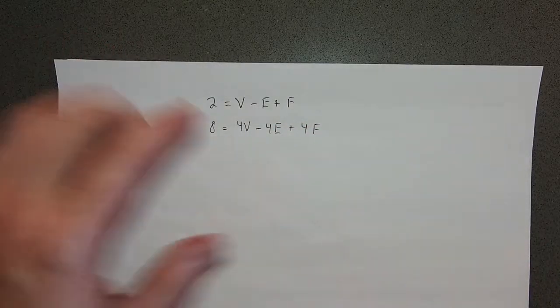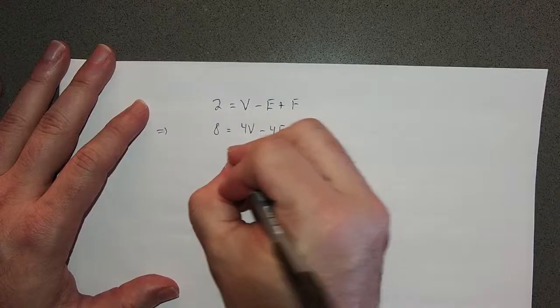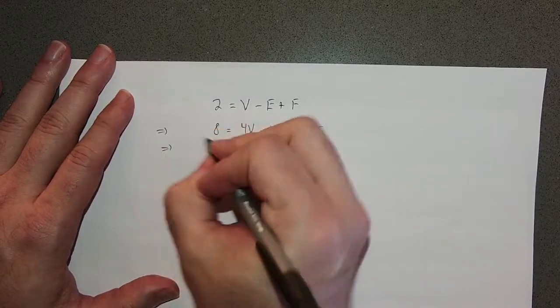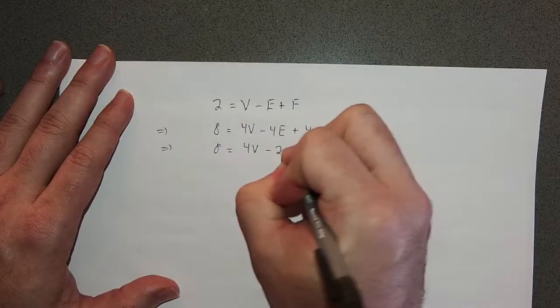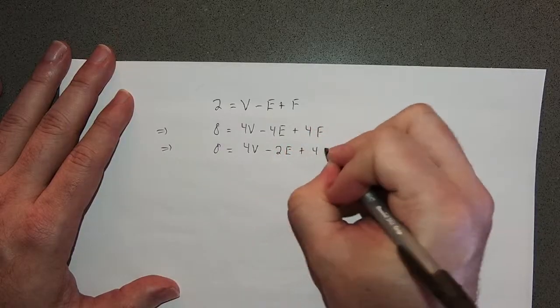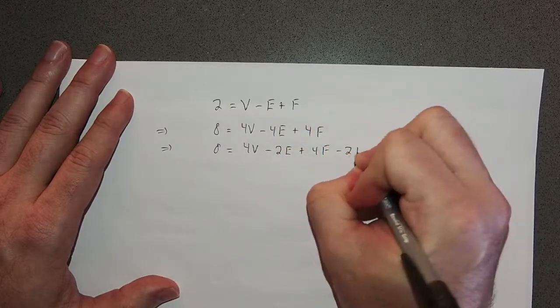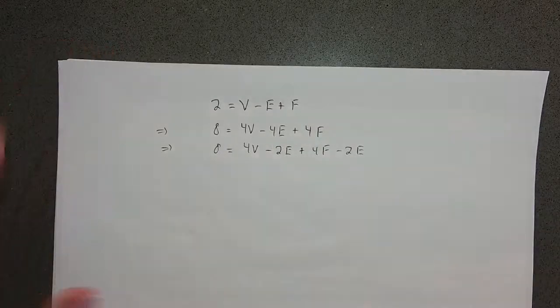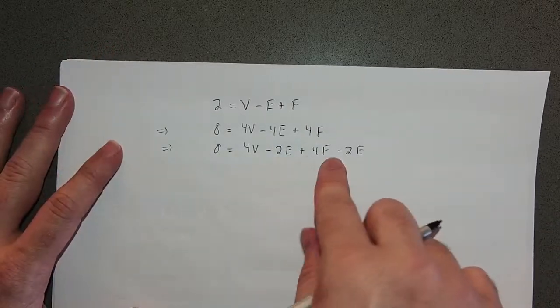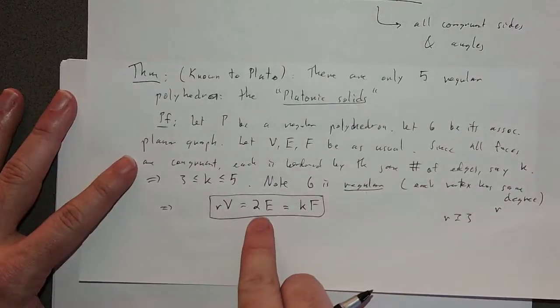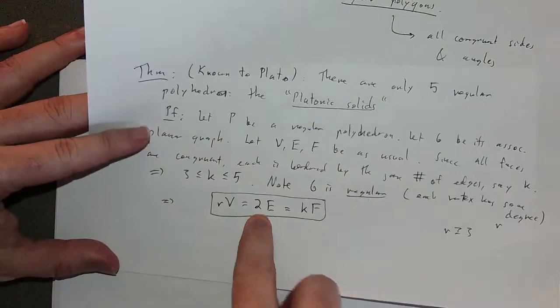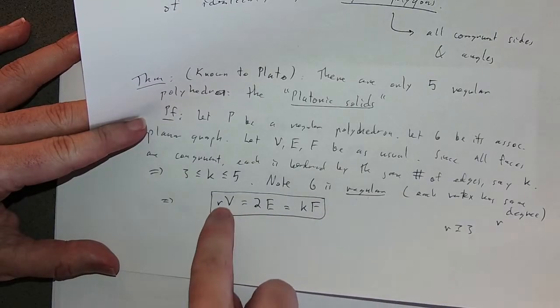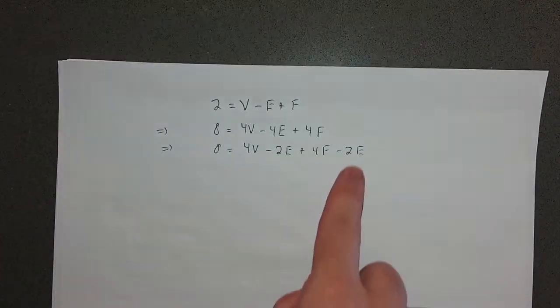Then I'm going to rewrite this ever so slightly as 4v minus 2e plus 4f minus 2e. So I split the minus 4e here as minus 2e minus 2e. I did that specifically to use this fact. So I'm now going to substitute for those copies of 2e's r times v and k times f.